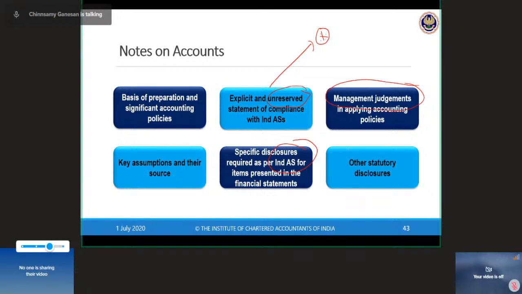So this is a statutory requirement. When it comes, that should be in addition to Ind AS 1. Whatever Ind AS 1 requires, this is an addition. Specific disclosure is also an addition. So these are all the additional disclosures which have to be done as part of the notes on accounts.